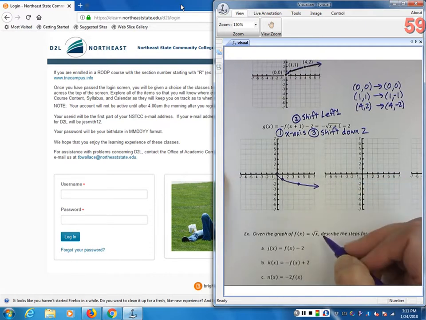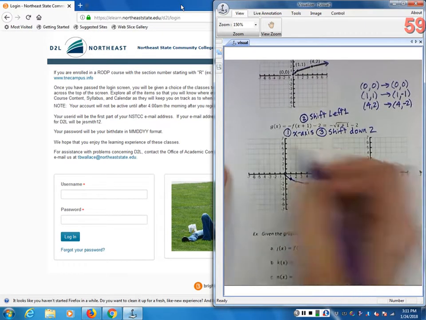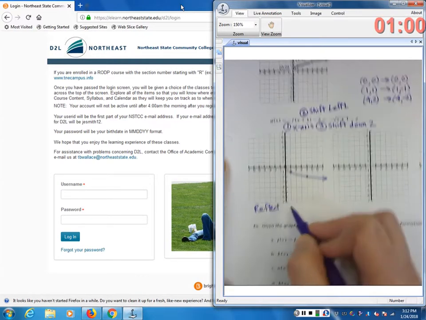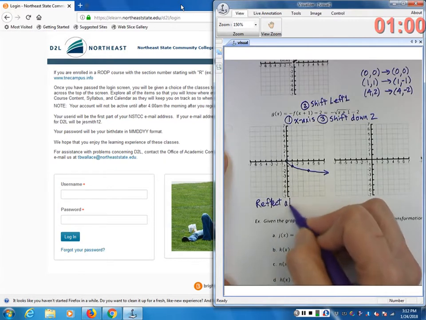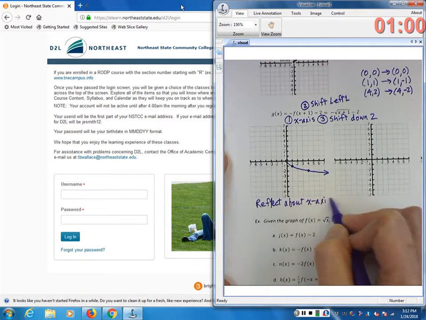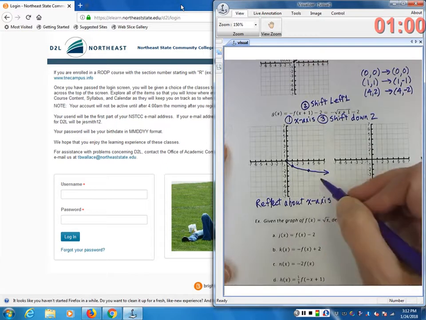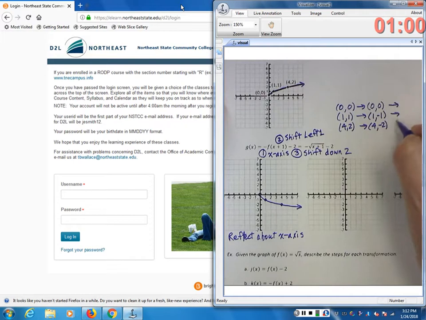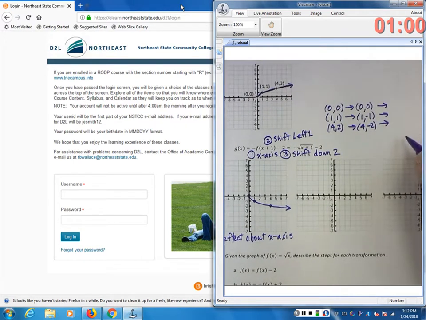There's our function after reflecting about the x-axis. Now we want to take that and we want to shift left 1. That means that we're going to subtract 1 from each x coordinate.